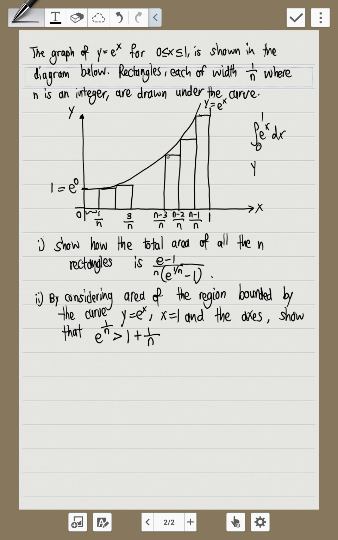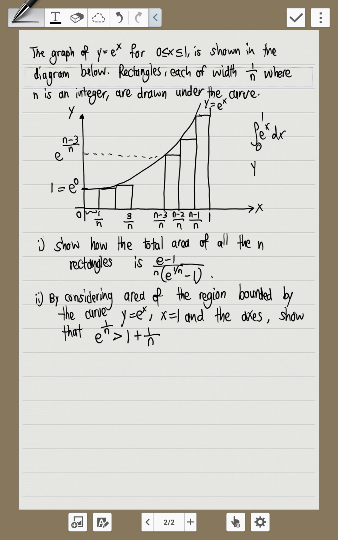Of course you see that the height of the rectangle is the y value. So for example, what would be the y value of this? Since y equals e^x, this would be the x value, n minus 3 over n, obviously.